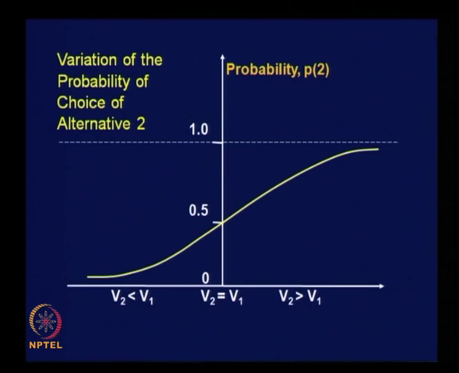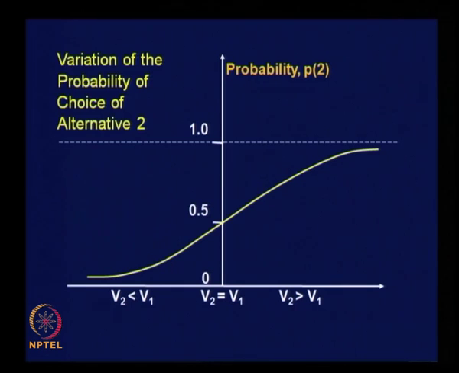But the point to be noted is when V2 is more than V1, when mode 2 is more useful than mode 1, as per the logic based on your constant utility, everybody should choose only mode 2, isn't it.